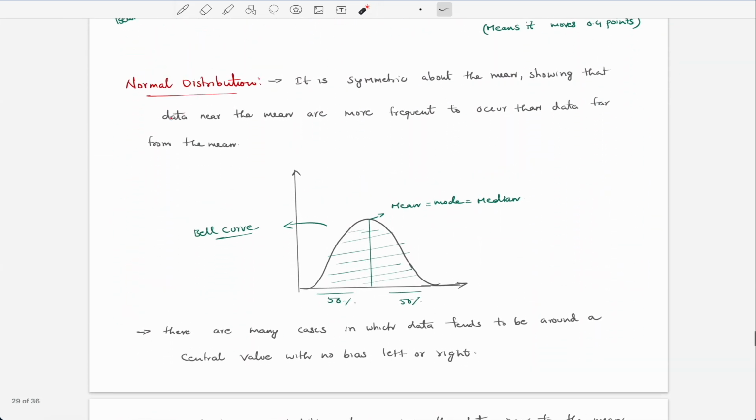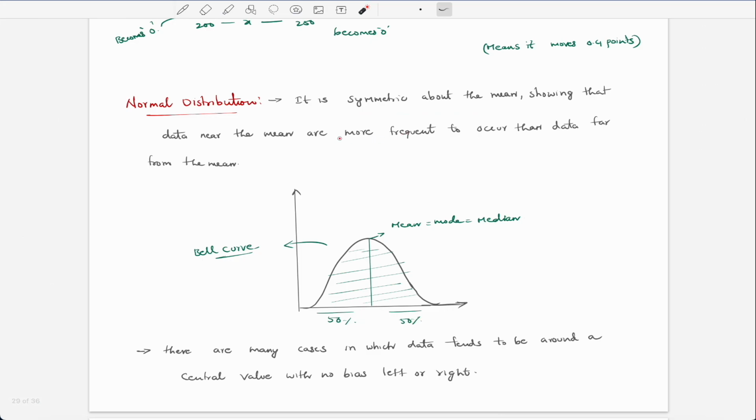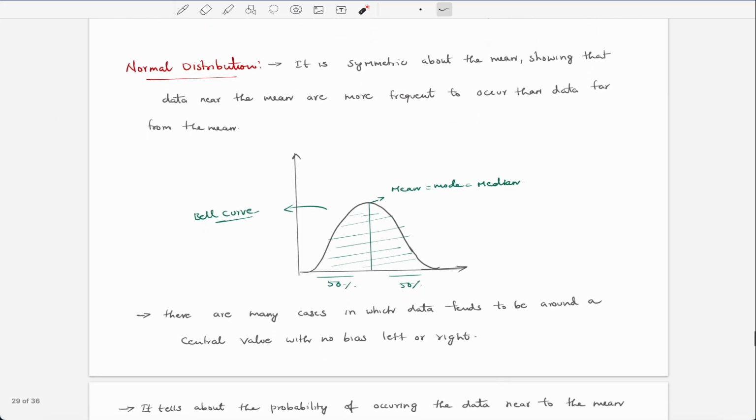After that we have the normal distribution. What do we mean by normal distribution? It is symmetric about the mean, showing that values near the mean are more frequent. Symmetric means if you place a mirror here, both sides will be equal.